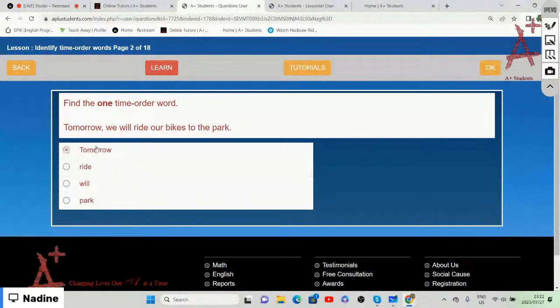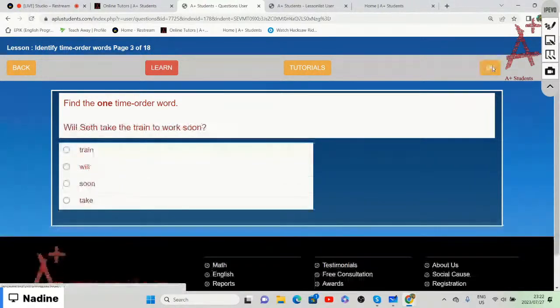So tomorrow is a one time order word. So when is this going to happen? It's going to be tomorrow. So tomorrow we will ride our bikes to the park. And well done if you have tomorrow.